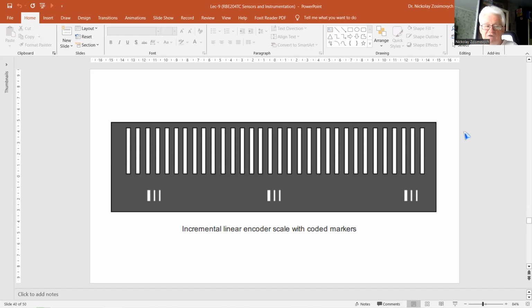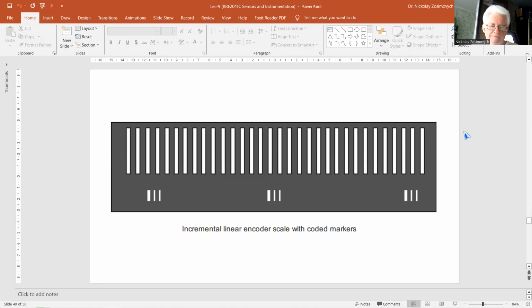Once the position information is lost, for instance, due to a power interruption, the system should go to the nearest reference marker. At very large scales, this could take too much time, and therefore, long scales have multiple markers, which are coded to make them distinguishable from each other.